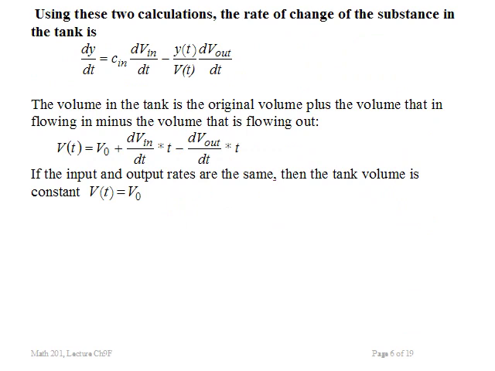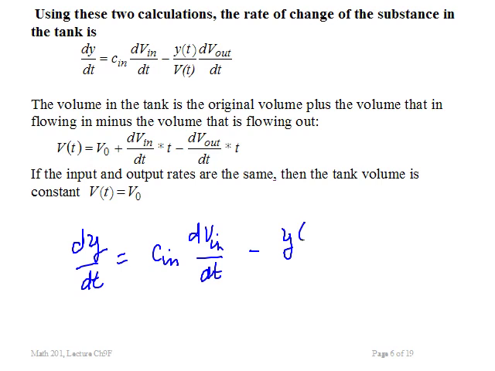Okay, so now we're going to say that the rate of change of the substance in the tank equals the input concentration, what's coming into the tank, times input flow rate, minus the amount that's in the tank divided by the volume, that's the tank concentration and also the output concentration, times the output flow rate.